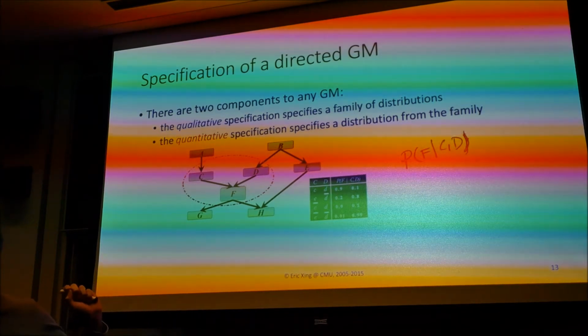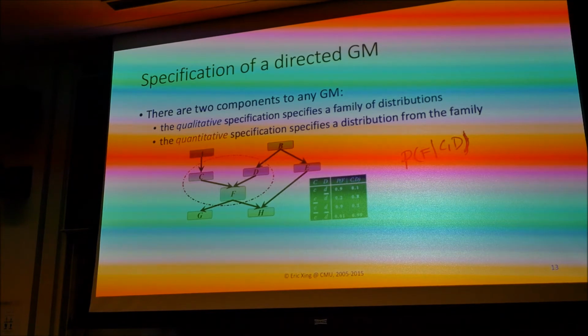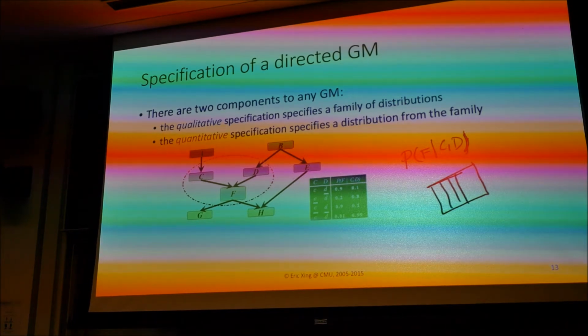Is the notion of CPD clear? Okay. So now one question. If I give you a table of, let's say, 4 by 4, say that this is variable x, this is variable y, and it has some values.